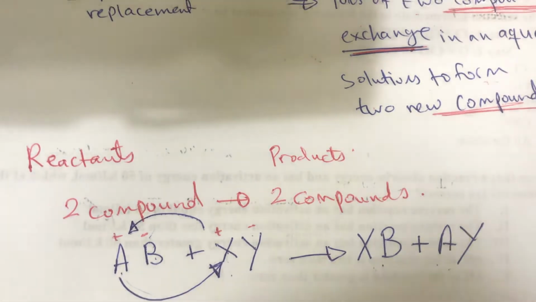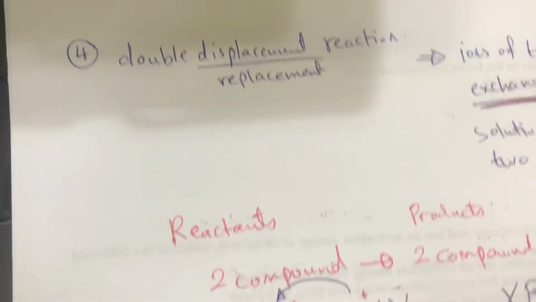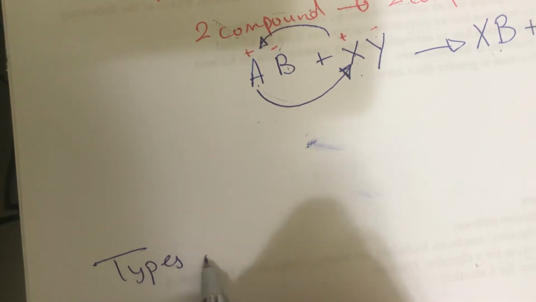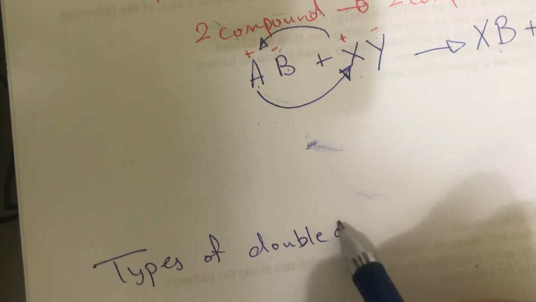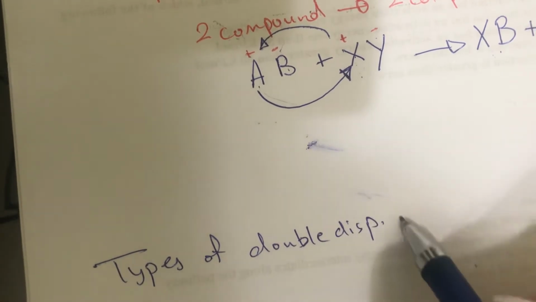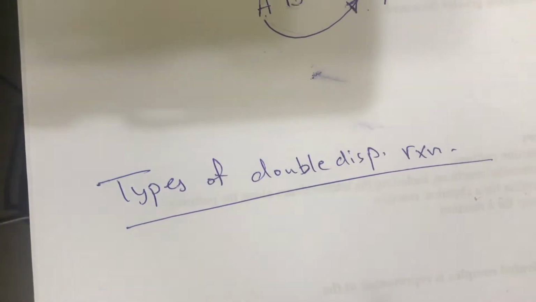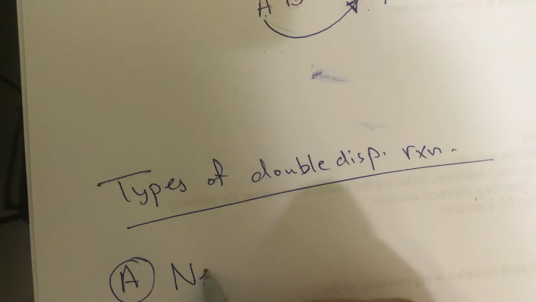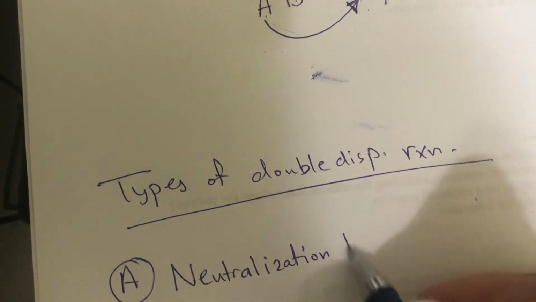So there are three types of double displacement reactions. What are the types? A, neutralization reaction.